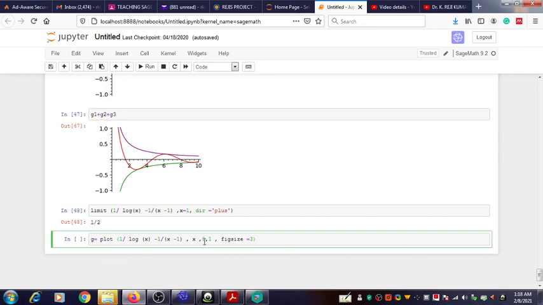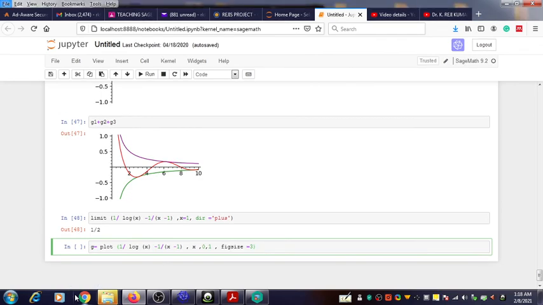The range is specified from 0 to 1, a small range, and then figure size is given equal to 3. There is a very rare chance for an error in that statement. Type return.